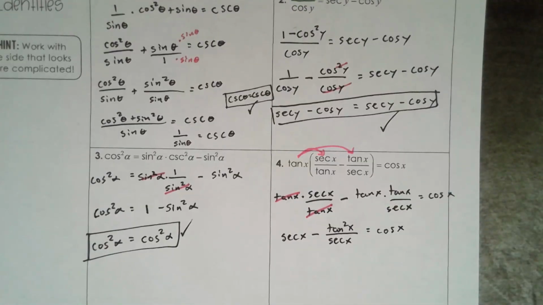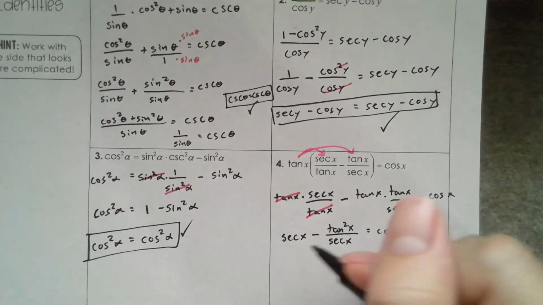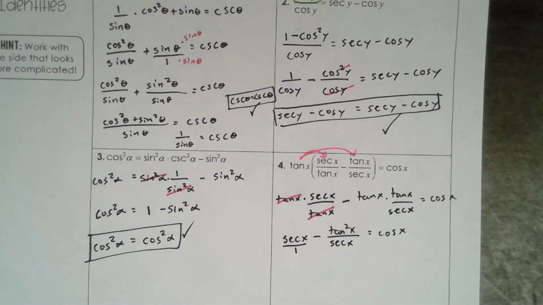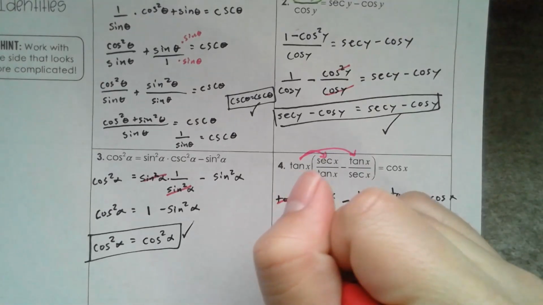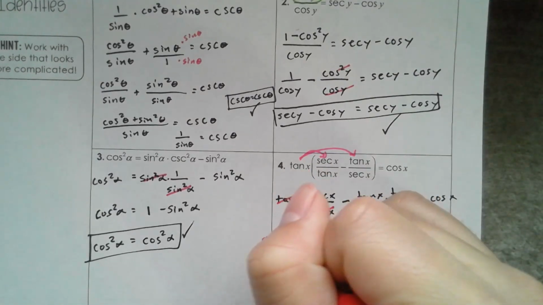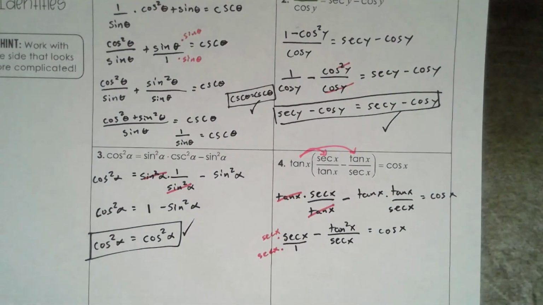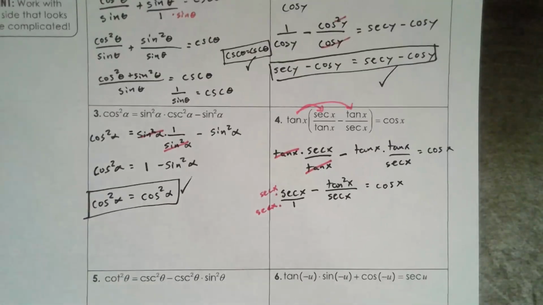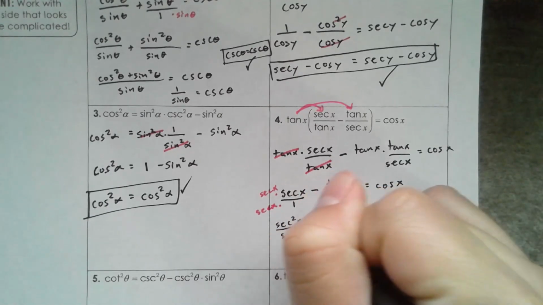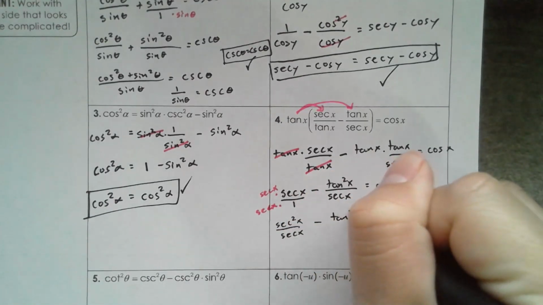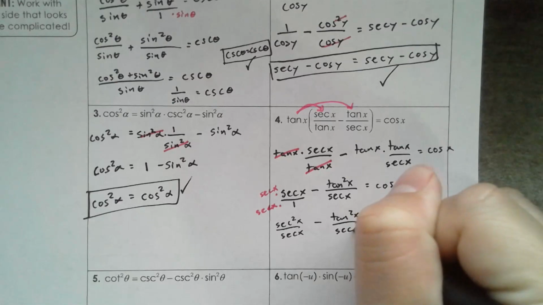So then to combine these two, I could say this is like secant x over 1. To combine these two fractions, I need like denominators. So I'm going to multiply the first one by secant x. That'll give me secant squared x over secant x minus tangent squared x over secant x. Is that equal to cosine x? Maybe.